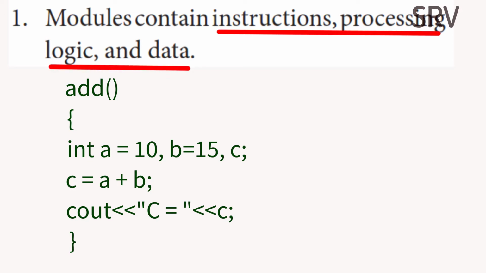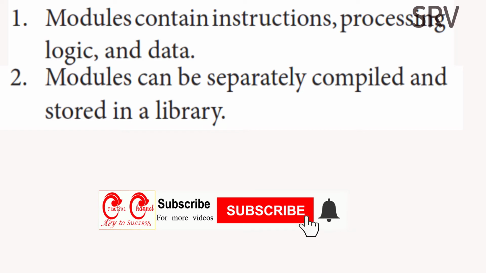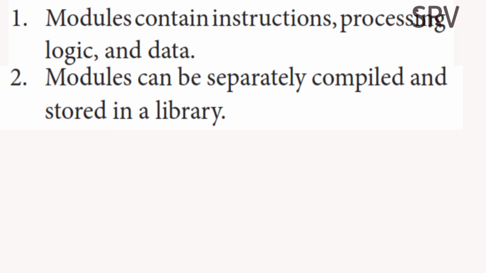Now let's see the second point. Modules can be separately compiled and stored in a library. As said earlier, modules are written separately and they are compiled separately. If executed successfully, the modules are stored inside the library as a library file.